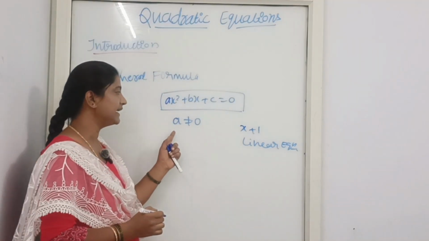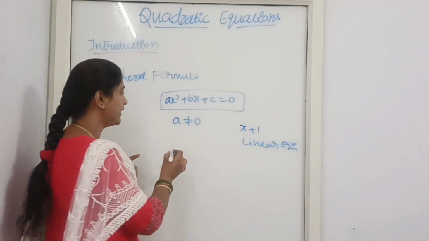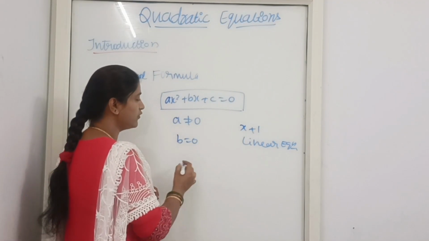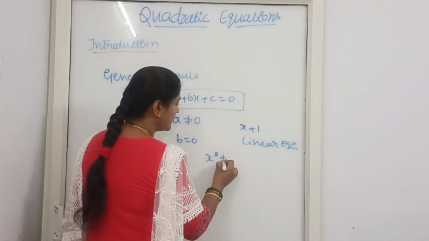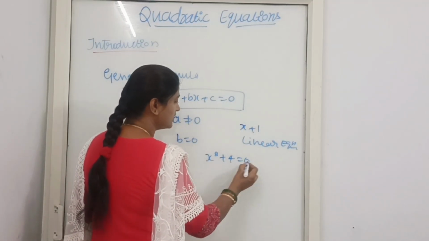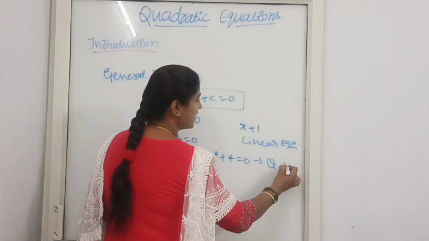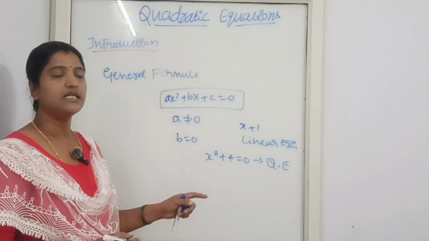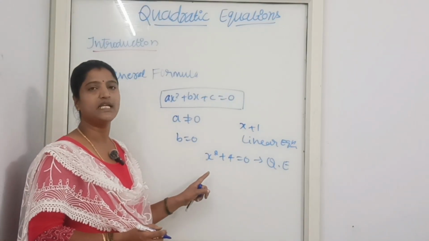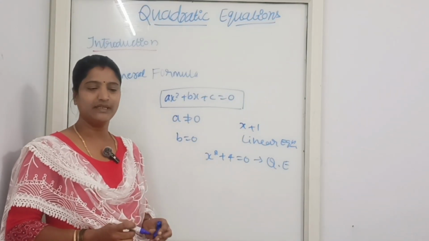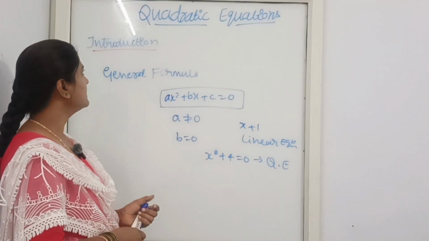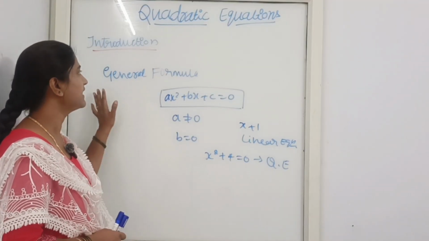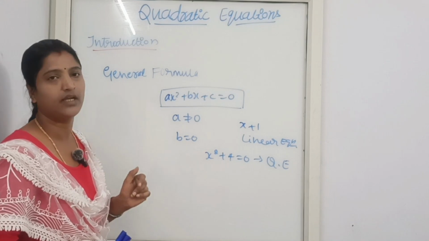That is why the condition is a not equal to 0. b can be 0. For example, x square plus 4 is equal to 0 is also a quadratic equation. The only condition is that the highest power of the variable is 2. This is the general form and meaning of a quadratic equation.